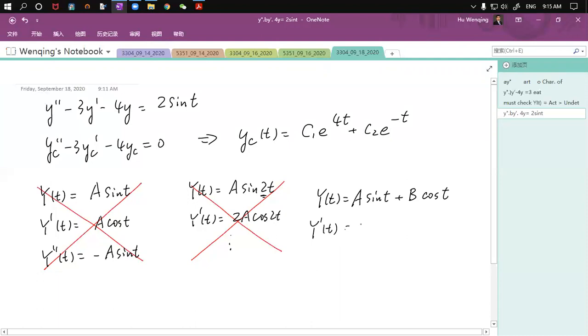So y prime of t is a cosine t minus b sine t, and y double prime of t is equal to minus a sine t minus b cosine t.